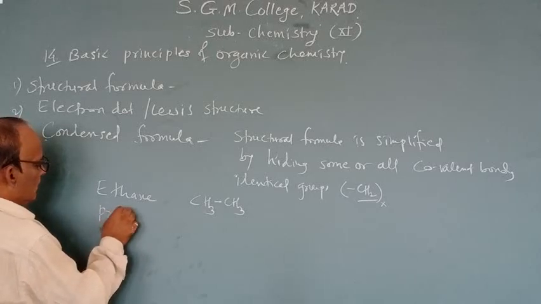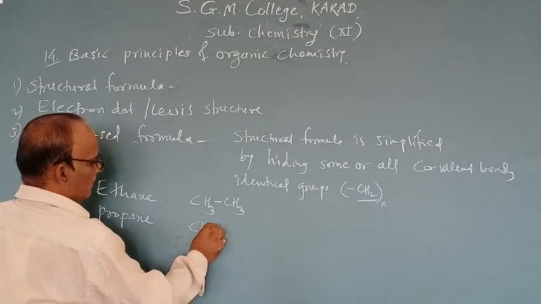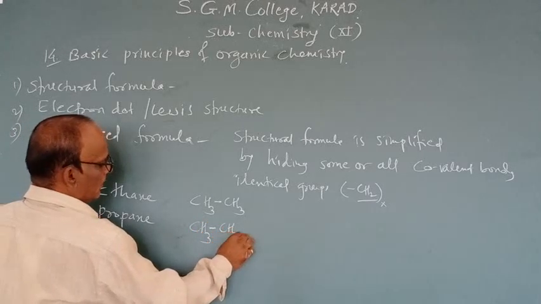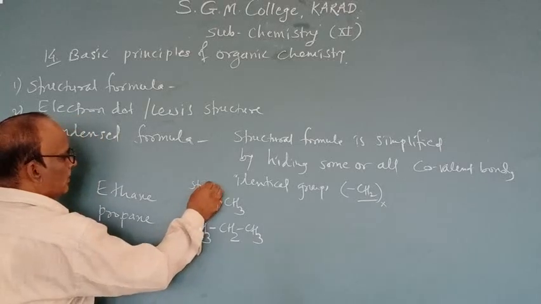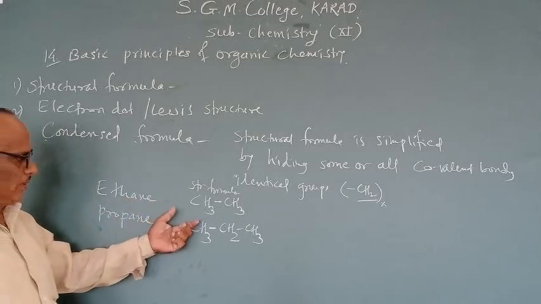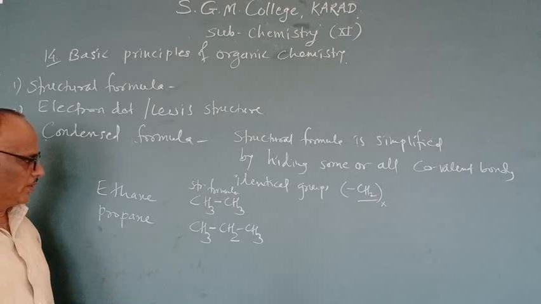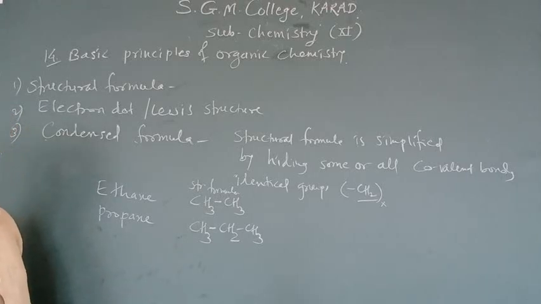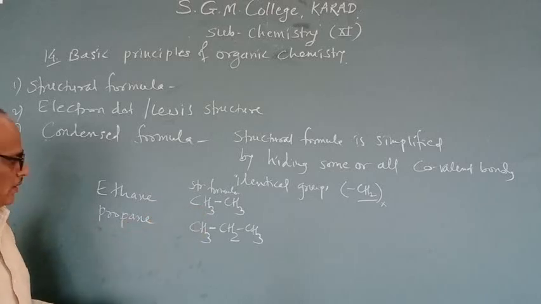Then we take the second example, propane. In propane, CH3, CH2 and CH3. So these are the structural formula. In this formula only the hydrogens are taken together, attached to each carbon atom. From this structural formula the hydrogens are condensed.